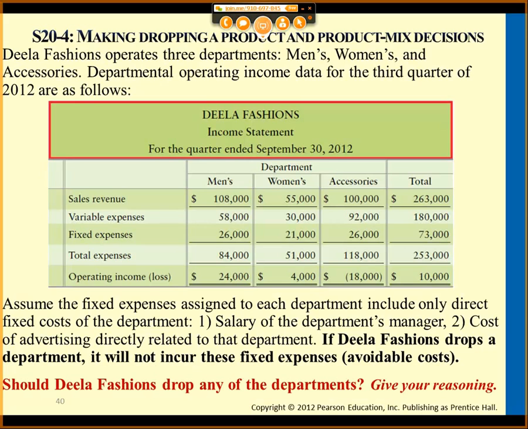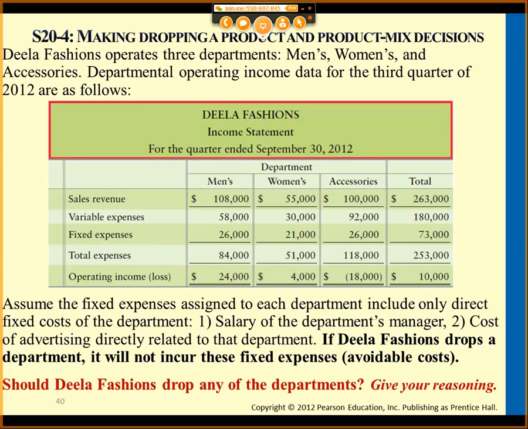All right. So let's answer this question. Should Dealer Fashions drop any of the departments? So do we need to do some calculations? Do we have maybe a change in revenue? Maybe change in expenses?